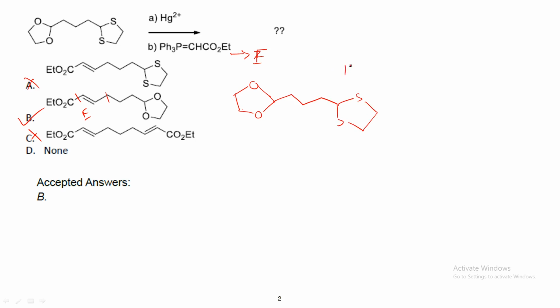Now with Hg2+, at first what would be happening is that this sulfur and Hg can easily form a bond, and after formation of this bond, the H2O can easily attack here, or you can think of this kind of elimination also. So the main thing is to deprotect.